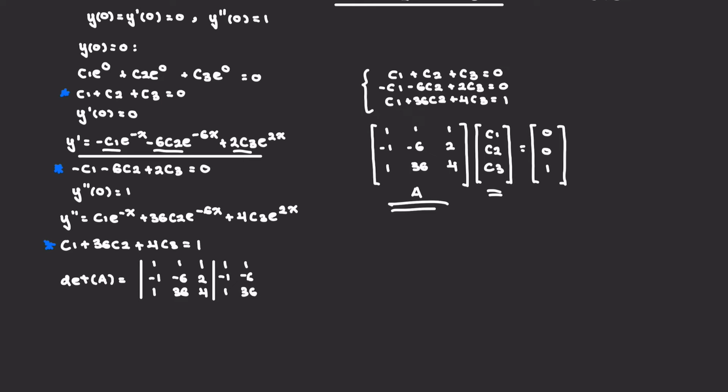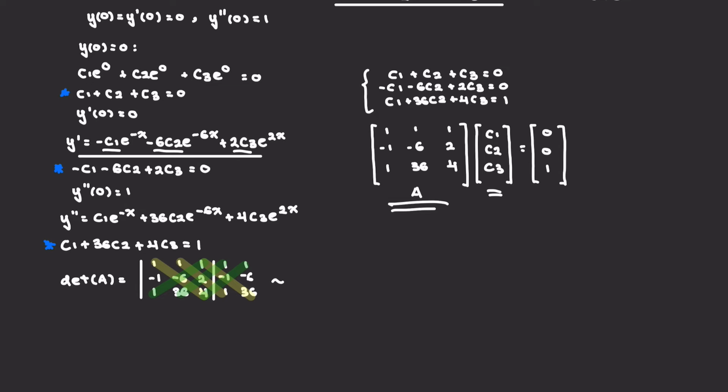So the rule is that every time we multiply from the top left hand side to the bottom right, diagonally, like this, we're going to apply the positive sign to each of them. However, when we multiply from the top right-hand side to the bottom left, like this, we're going to put a negative sign on each of the entries. So you'll see what I mean in a bit. So let's multiply from the top left to the bottom right diagonally.